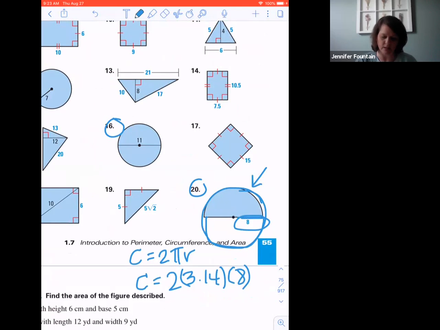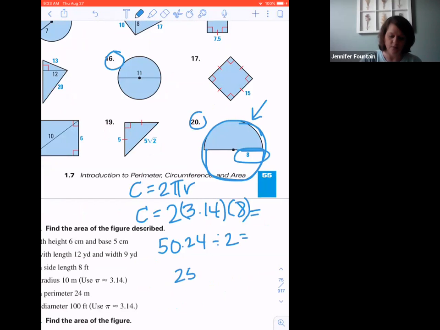Surely they wouldn't be counting that as the diameter. So if we've got 2 times 3.14 times 8, that's going to give us 50.24. Then we would have to divide that by 2, and that gives us 25.12. And that would be, I guess, just units since it doesn't tell us.